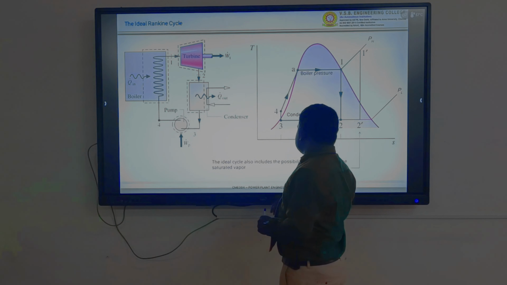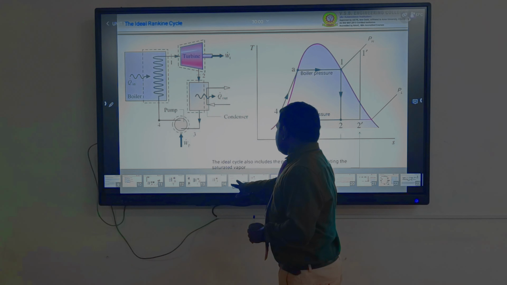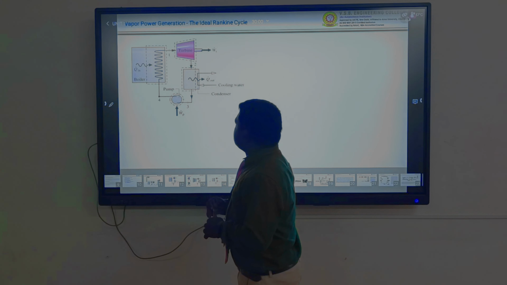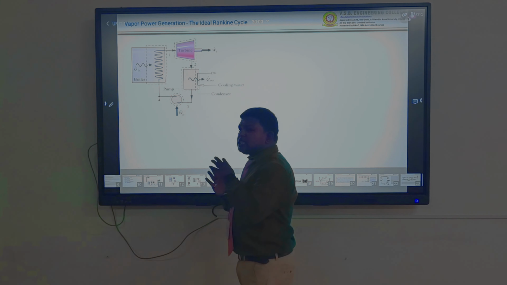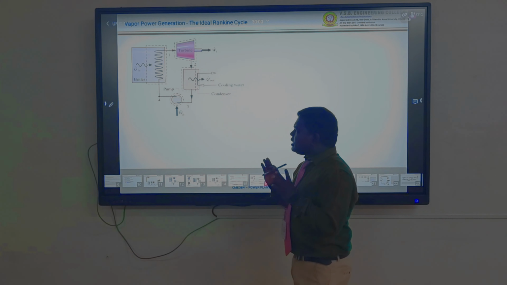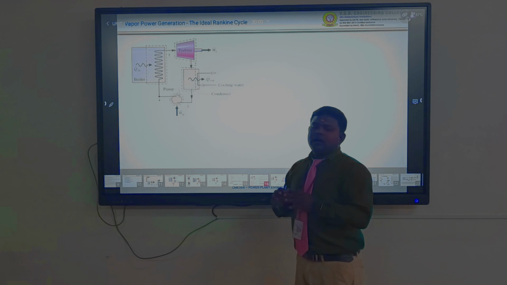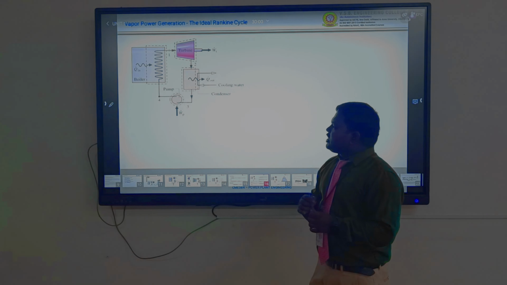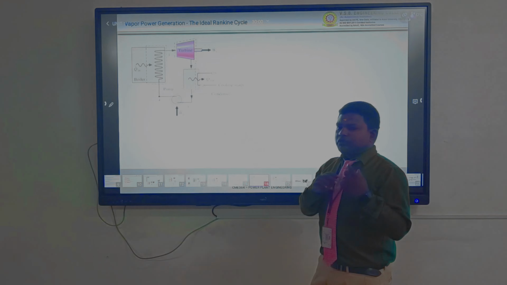Next we will study how to determine the efficiency. We have to draw the performance parameters, which are used in the calculation. Here we identify the equations and the formation of the formula.